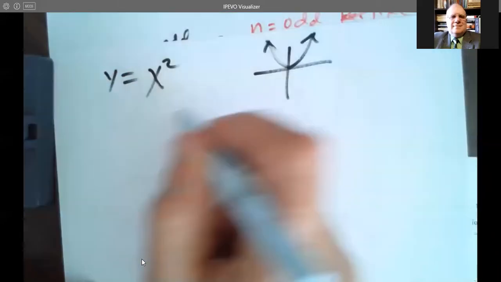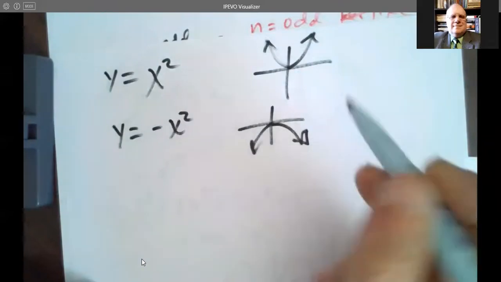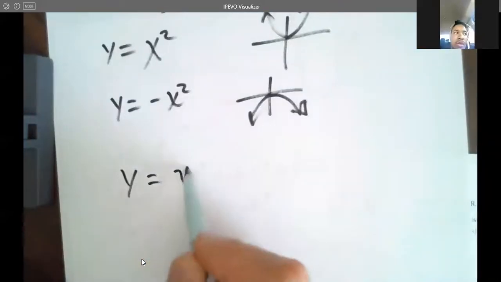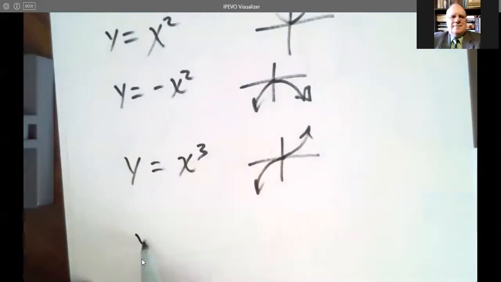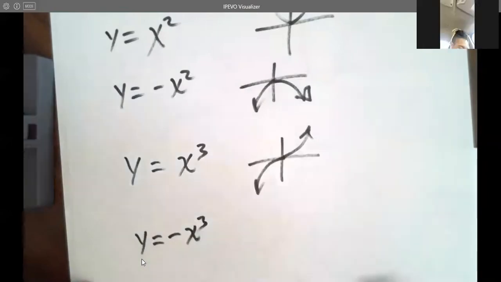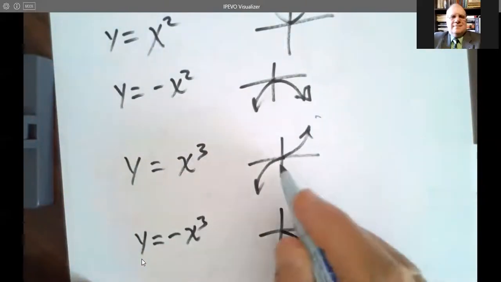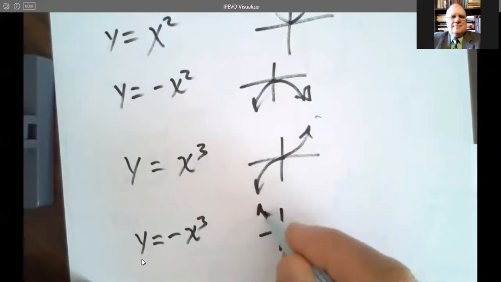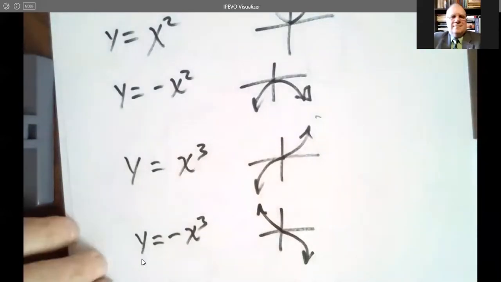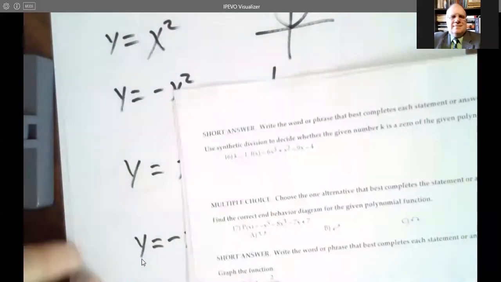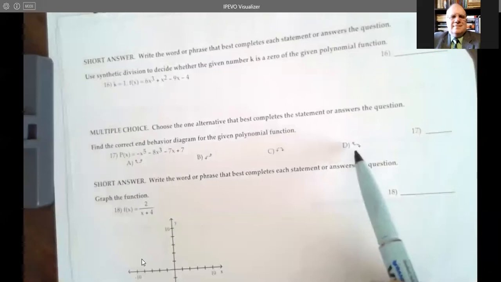Y equals negative x squared opens down. Y equals x cubed looks like this. Y equals negative x cubed is going to flip it. So instead of being up and to the right, it's going to be down and to the right. Instead of down to the left, it's going to be up and to the left. You may want to go back over that later on. So that's why it's D.